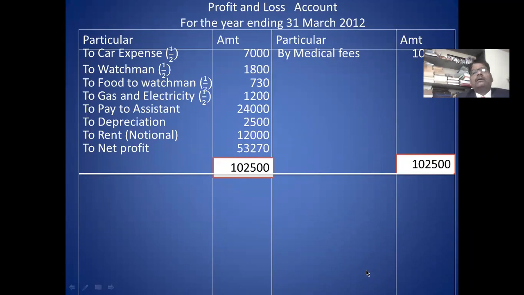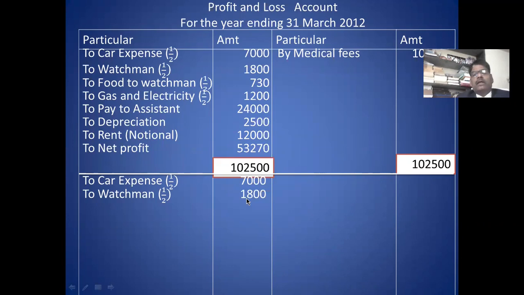Then you take the expenses pertaining to household. First is car expense. Car expense, you take half. Half is taken in the profession. Remaining half goes to household. Second, watchman pay. Watchman pay, half is in the profession.